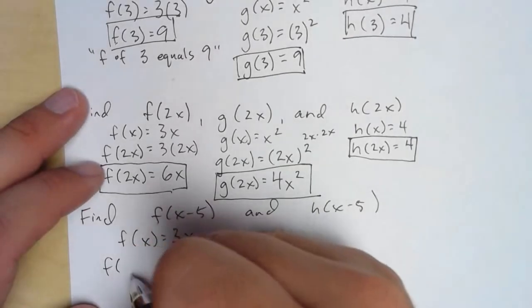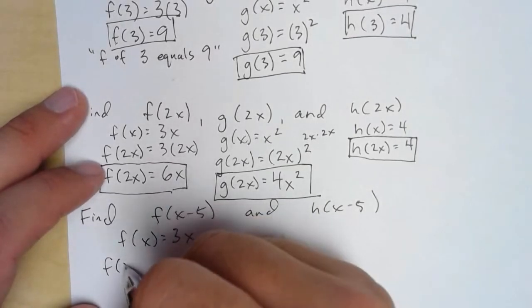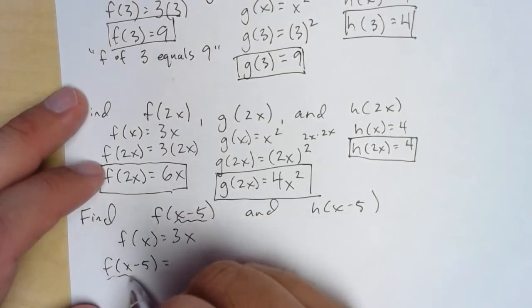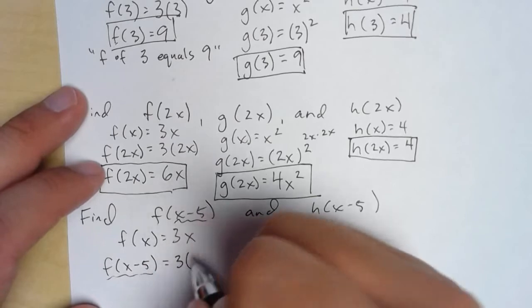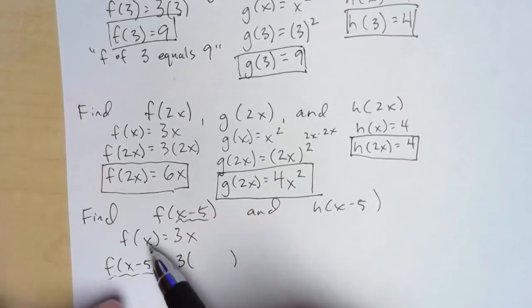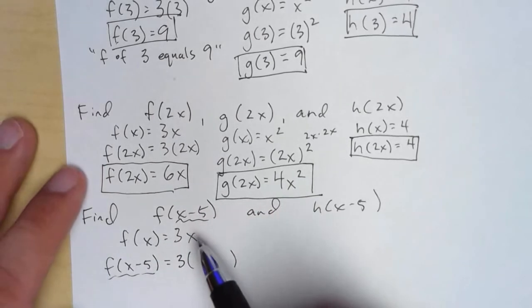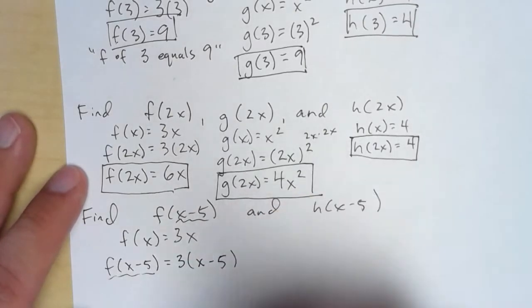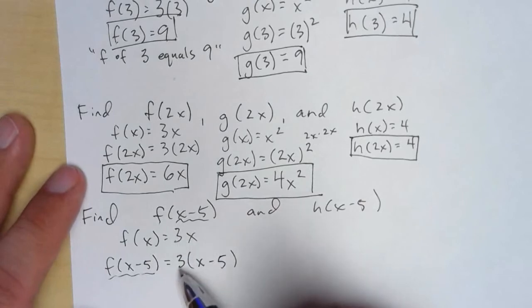So if I say f of x is being replaced with x minus 5, whatever is written right here, just copy it down, make it look like that. That says 3 times, well, this x changed to x minus 5, so let's change this x also to x minus 5. So 3 times the thing, so let's open it to distribute.